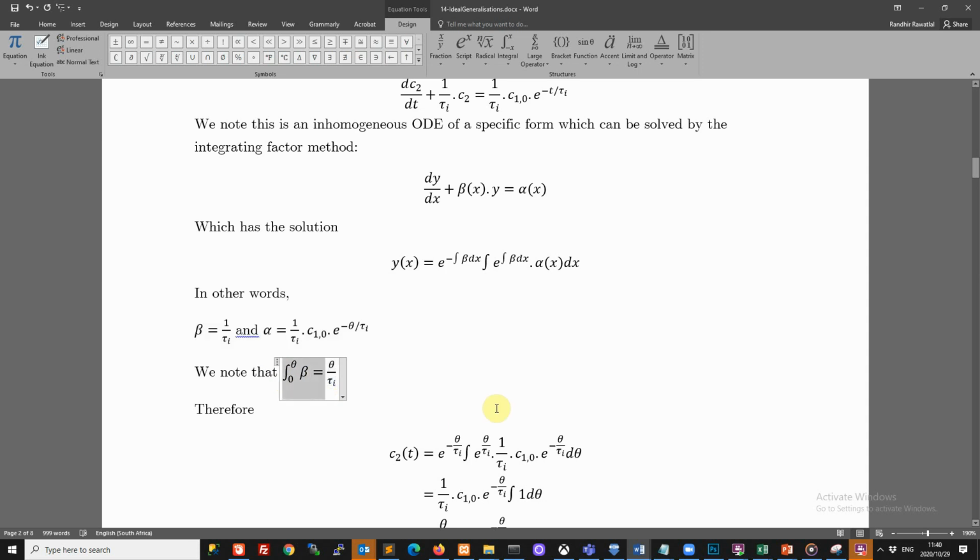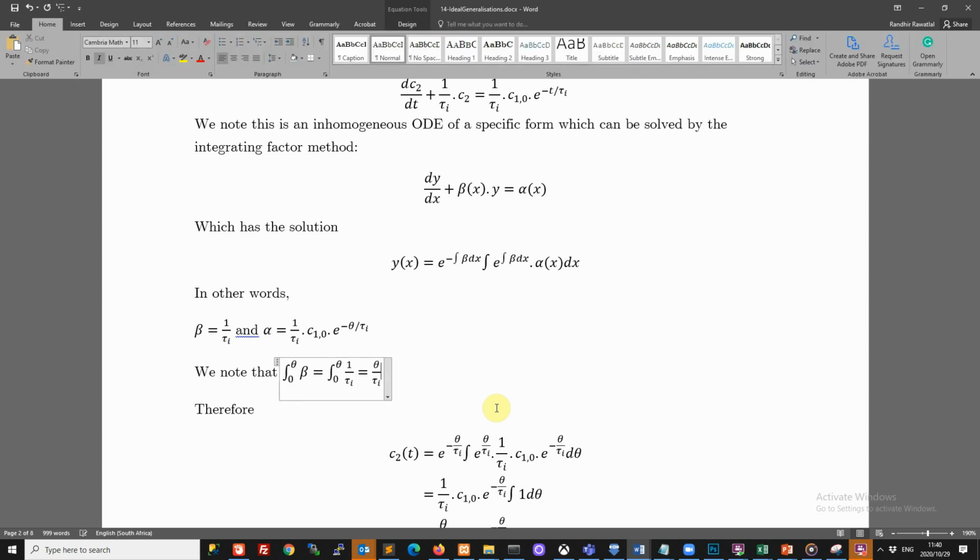So we can say this equals 1 over tau i, which is just equal to theta over tau i, and we are integrating that between the limits 0 to theta.